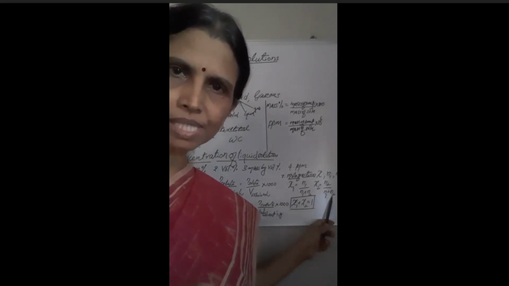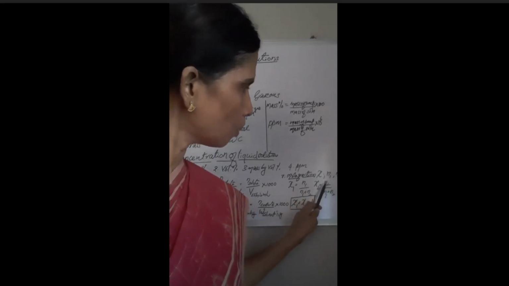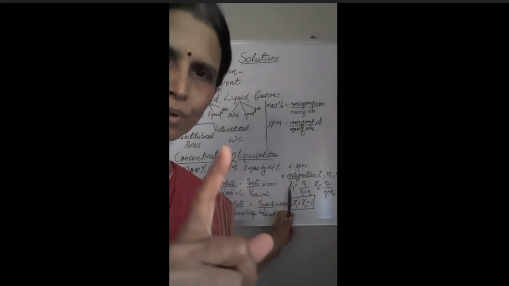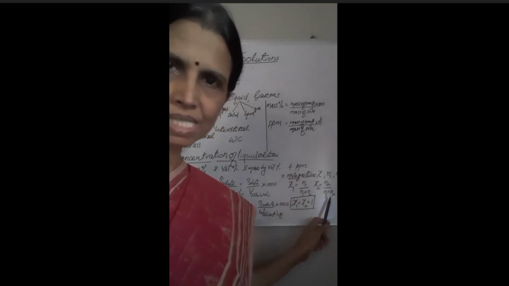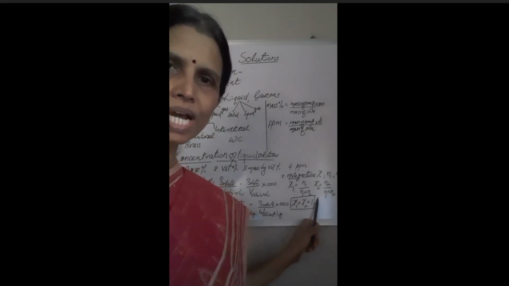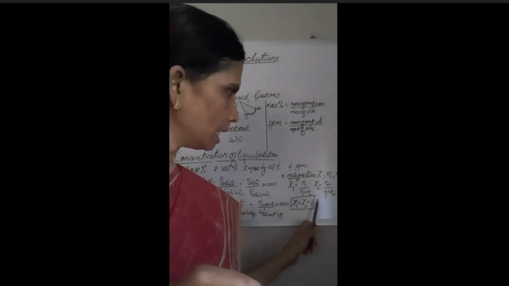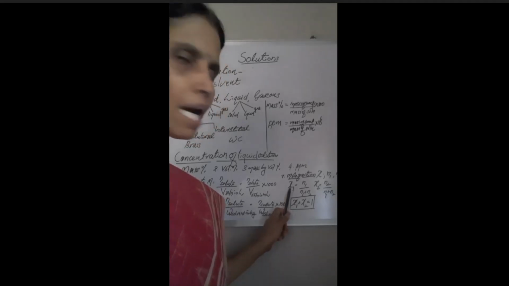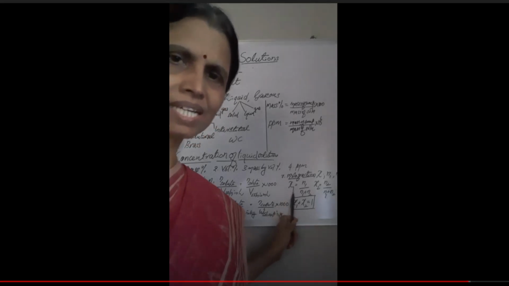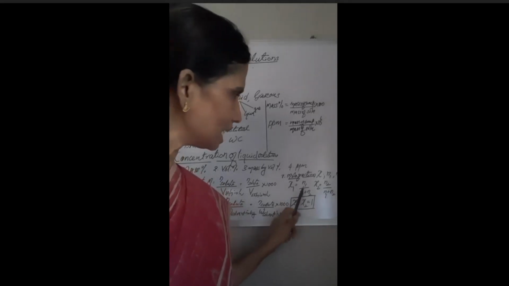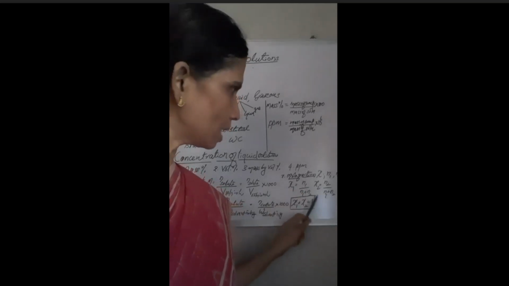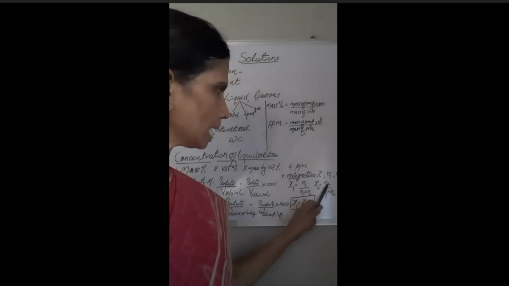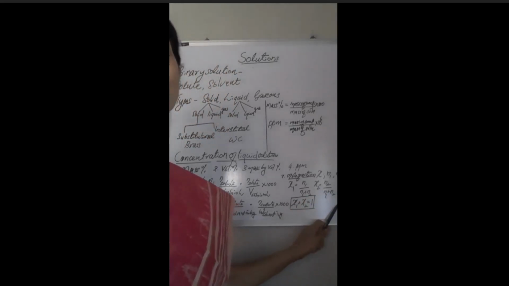Out of this n1 plus n2, n1 moles of component 1 and n2 moles of component 2 are present. Therefore, the mole fraction of component 1, represented by chi or say x, x1 equals n1 by n1 plus n2. In the same way, x2 is equal to n2 by n1 plus n2.